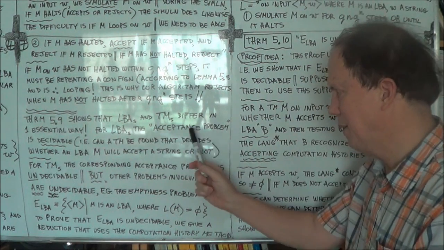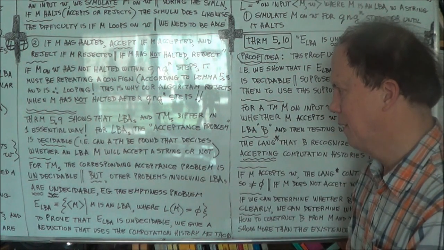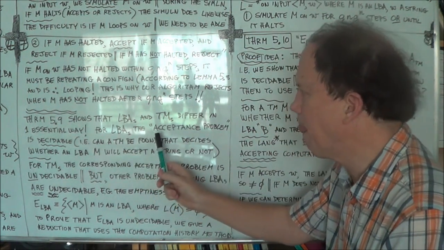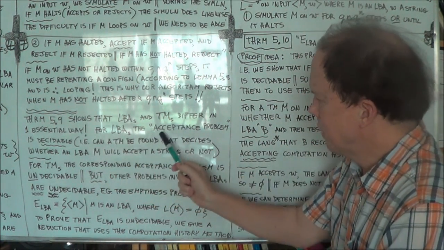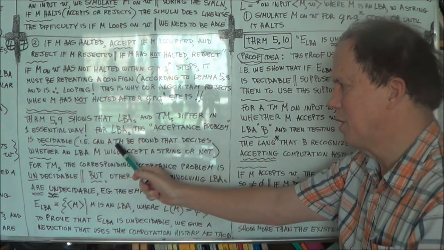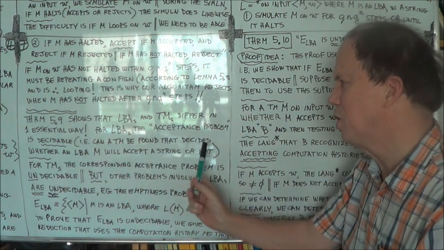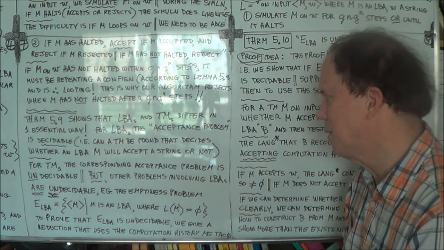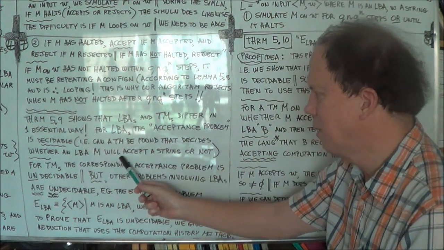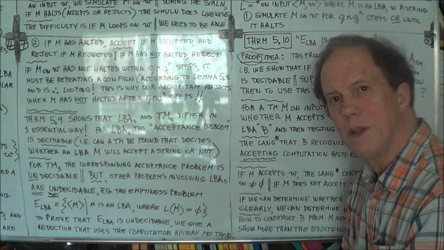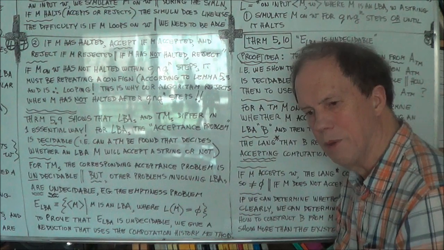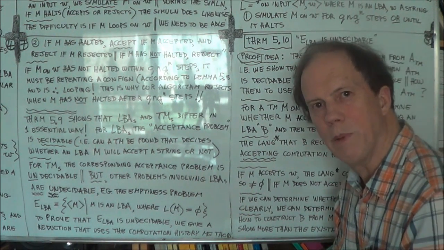What does that mean? The acceptance problem: can you find a Turing machine that decides whether a machine M, in this case an LBA, will accept a string or not? Remember, that's just a variant of the famous halting problem. Let me spell out the halting problem again.